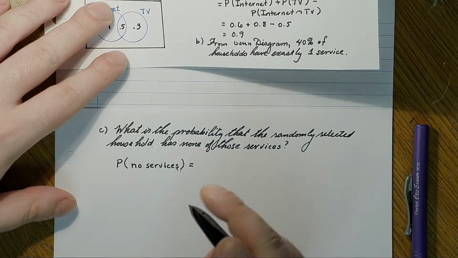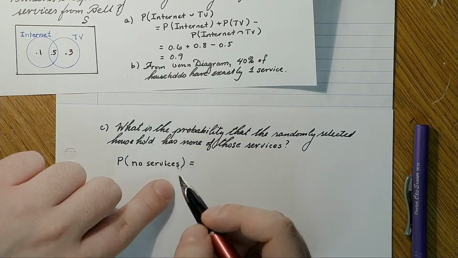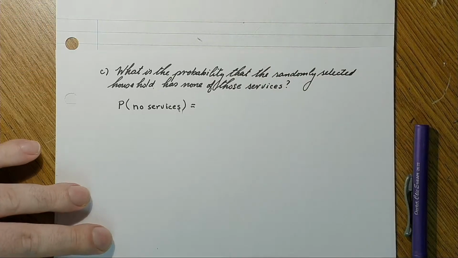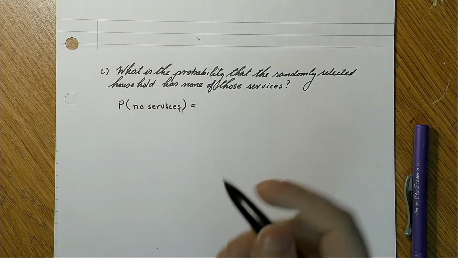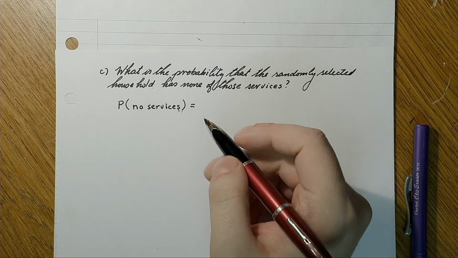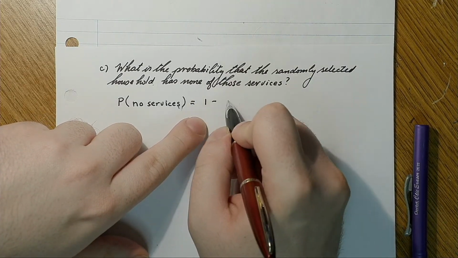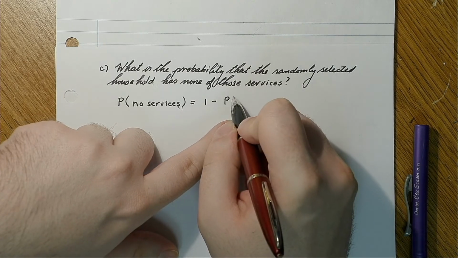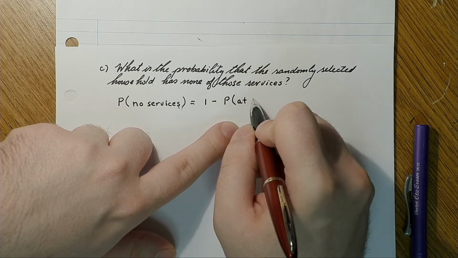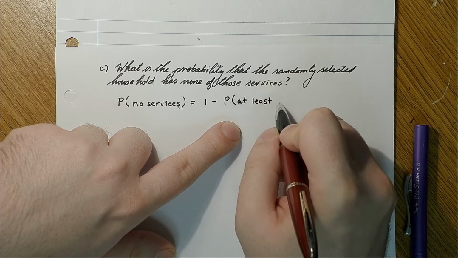So in this case, it's the probability of no services. Then I do 1 minus at least one service.